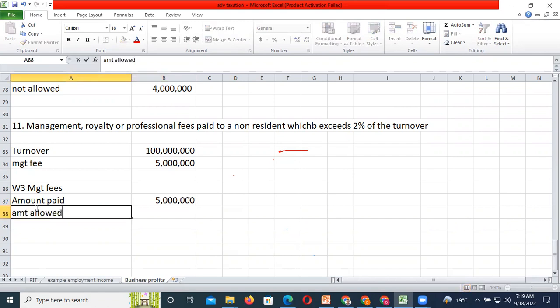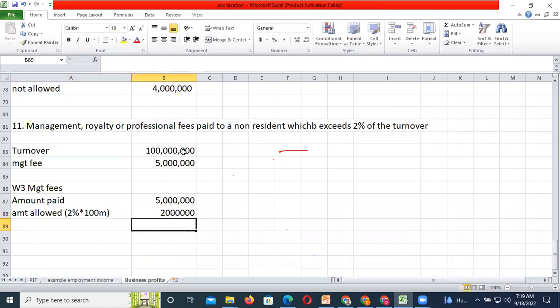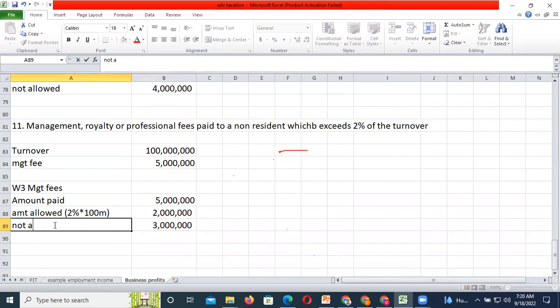The amount allowed should be 2% times our turnover, which is 100 million, so the 2 million is allowed. Any excess of this is not allowed. So you get this minus that, and this will not be allowed when you are computing. So that is how we make adjustment for these payments.